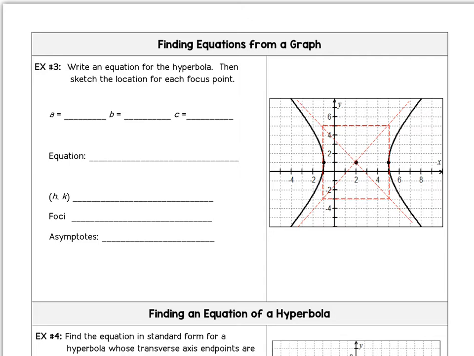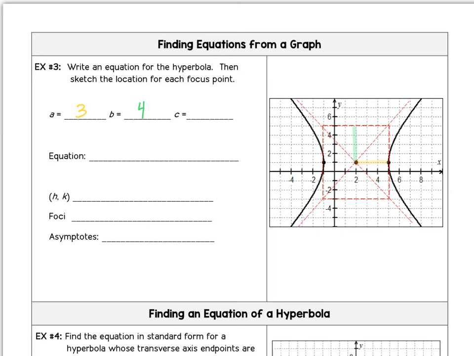So that means the x part goes first. So notice there's 1, 2, 3 here. So that means that this a is 3. Then when I look at the y part, this is 1, 2, 3, 4, distance of 4 up. So then I know that this b is 4.